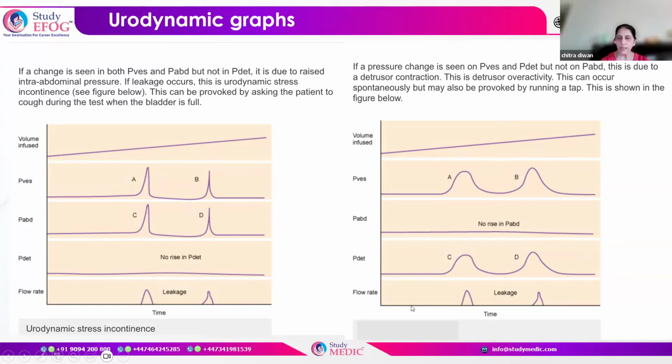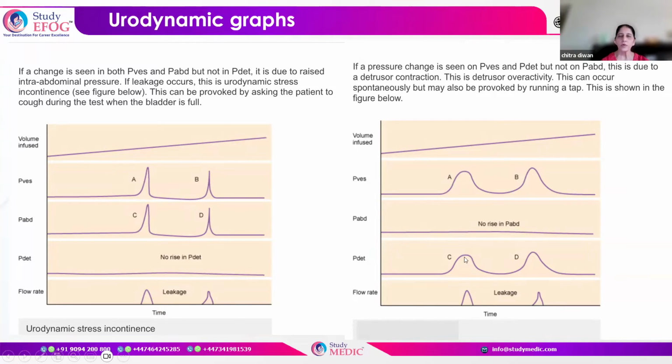In this graph, what is happening here? You can see there is an increase in the detrusor pressure, or this is called detrusor contractions. Abdominal pressure, the line is straight, and because detrusor pressure is rising, there is also a corresponding increase in the vesical pressure. Now remember, in the filling phase, the detrusor muscle is not supposed to contract.